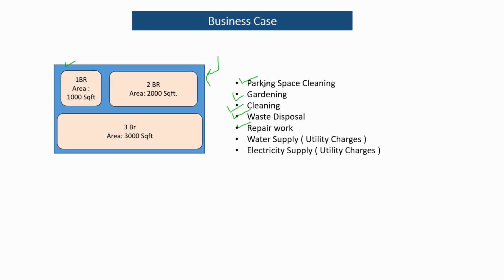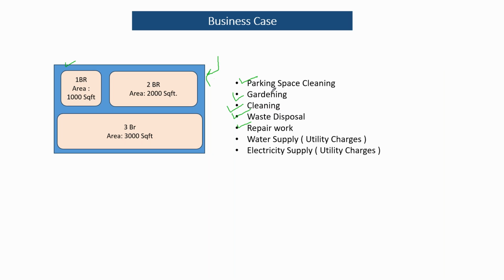When all these services like parking space, cleaning, gardening, and waste disposal are provided, whatever charge is imposed by the service provider has to be apportioned as per the area.